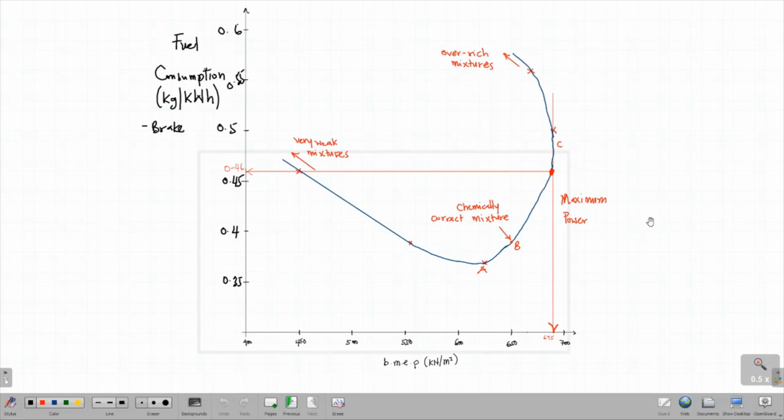The value given by the upper portion of the loop is due to an excess supply of fuel. This condition, however, is known as choking.